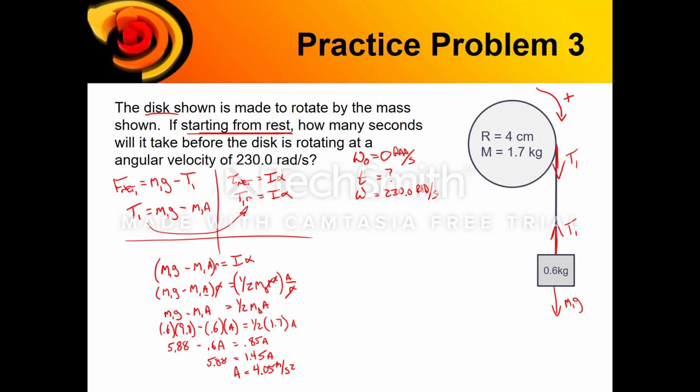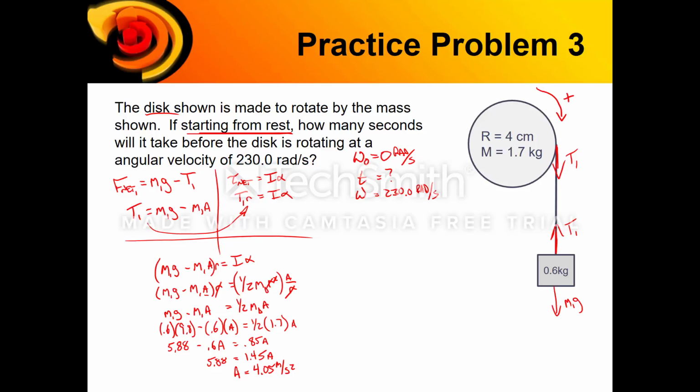Okay, so those are our normal steps for an Atwood's machine, but you're looking at this and you say, okay, I found my acceleration, but that doesn't solve my problem. I'm asked for how much time it's going to take to get this disk to rotate at that velocity starting from rest.